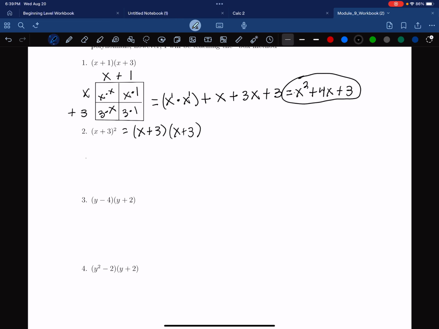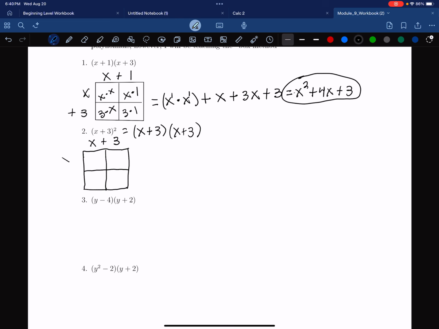So now let's draw out a box to multiply x plus 3 and x plus 3. Let's see what we get. I also encourage you to pause the video if you're feeling confident enough to do so. Just give it a try. Okay, so I'm going to transfer one of the x plus 3's here at the top.